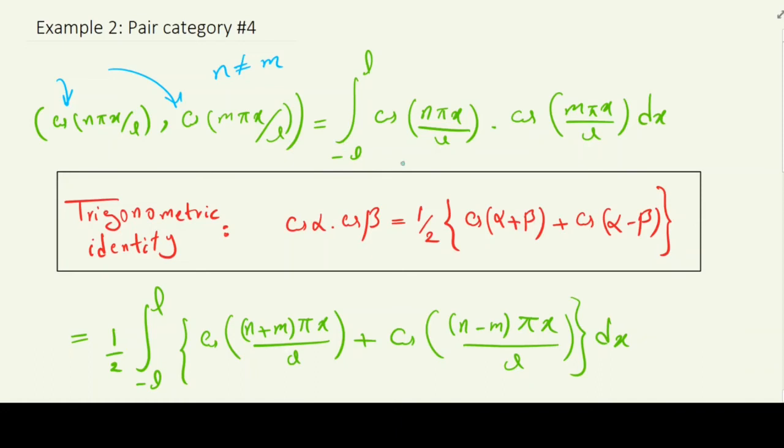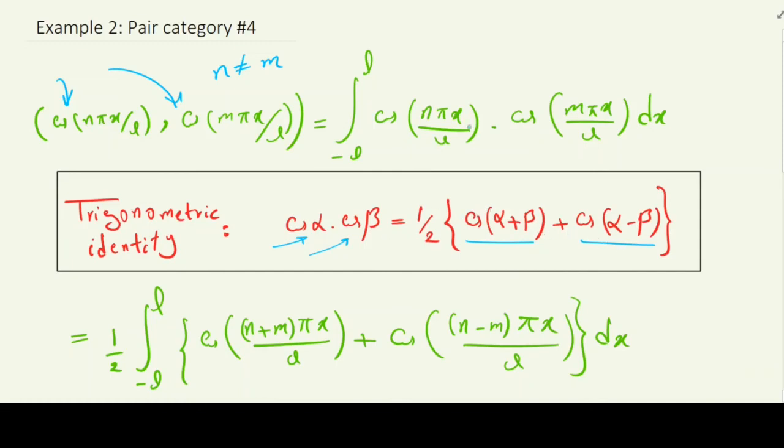So we want to rewrite this integral in such a way that we can evaluate it. We have the product of two cosine functions, and from this trigonometric identity, cosine alpha times cosine beta can be rewritten as half times cosine alpha plus beta plus cosine alpha minus beta.